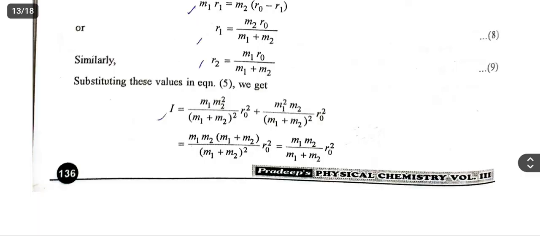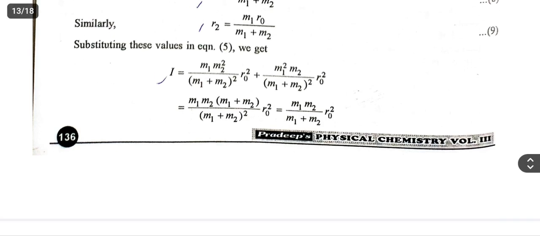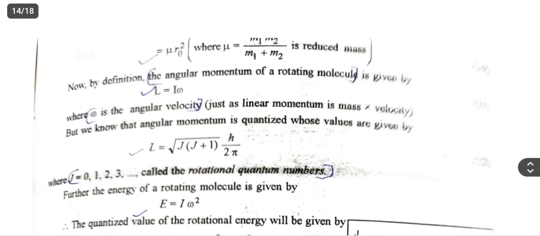Substituting these values in equation 5, I = m1 m2² r0² / (m1 + m2)² + m2 m1² r0² / (m1 + m2)² = m1 m2 (m1 + m2) r0² / (m1 + m2)² = m1 m2 / (m1 + m2) r0² = μ r0², where μ = m1 m2 / (m1 + m2) is the reduced mass.